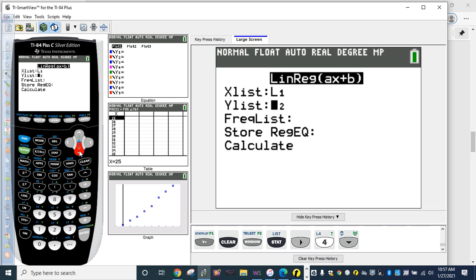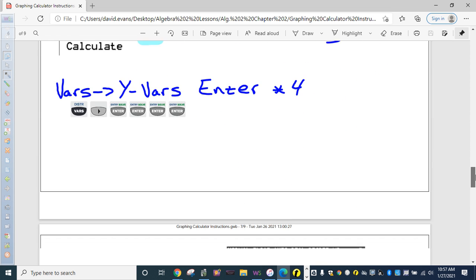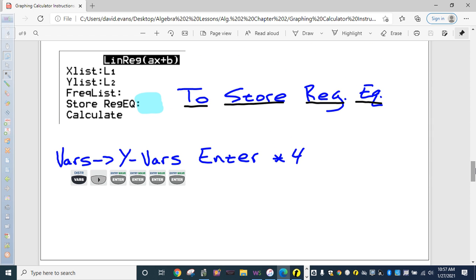And then you go down to store a regression equation. And then once you're there, you can look at that right there, the store regression equation, bars, y bars, enter 4 times.